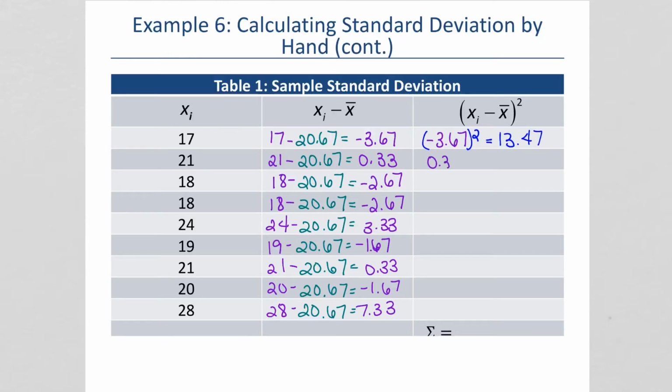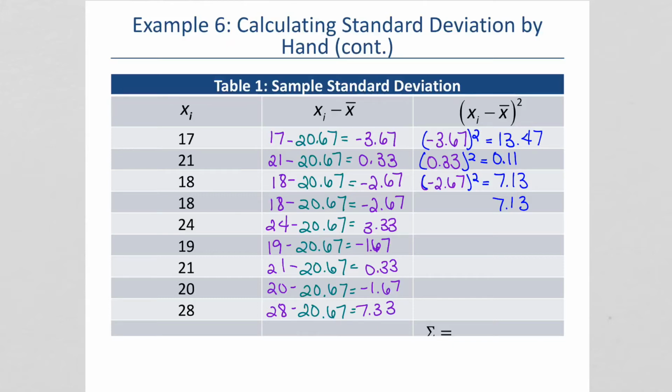And then we'll do 0.33 squared and get 0.11. Then negative 2.67 squared is 7.13. And this one was the same.